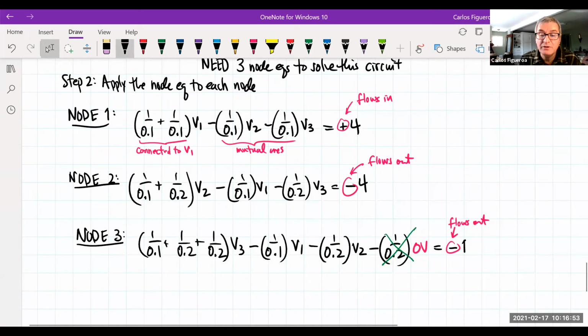So those are my node equations. So now what I'm going to do here is that I'm going to come in and I need to put this into matrix form. So here I go.